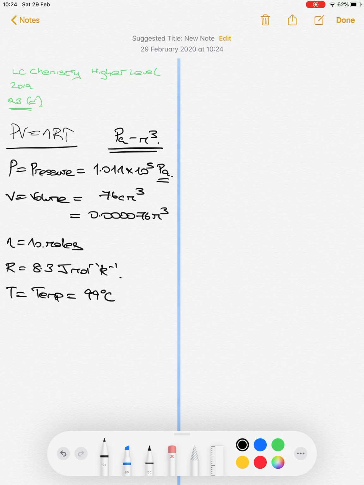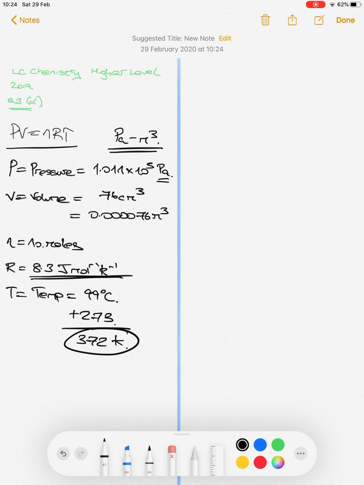And what's absolutely essential is that it's converted to kelvins. So we add 273, and that ends up being 372 kelvins. Now, most students will convert to kelvins when they're given a value in degrees Celsius. The R units never have to be changed, but the pressure may have to be changed, and volume nearly always has to be changed to meters cubed.